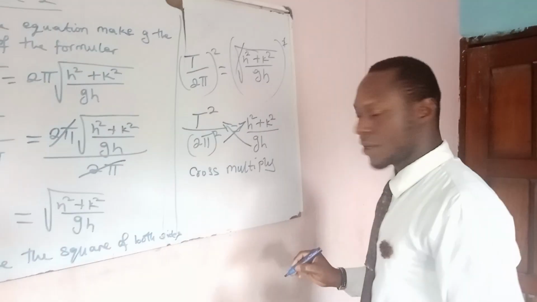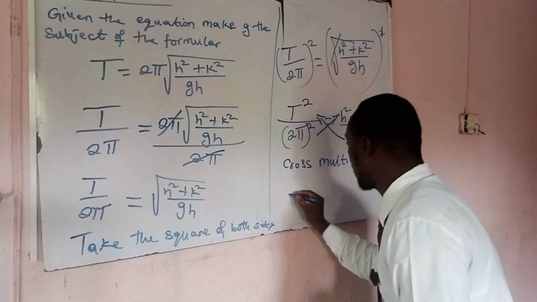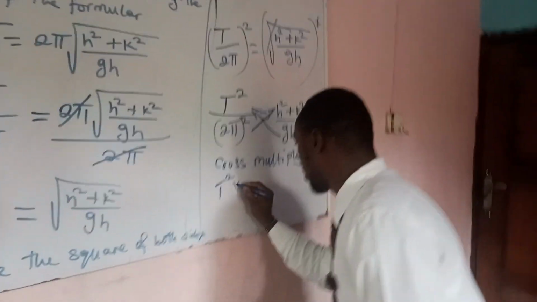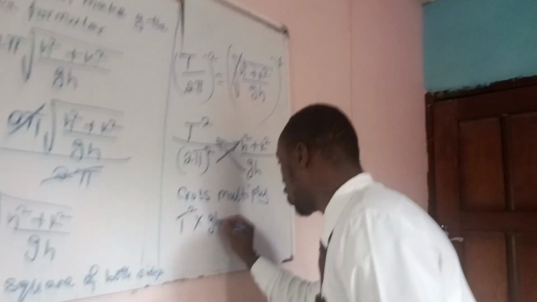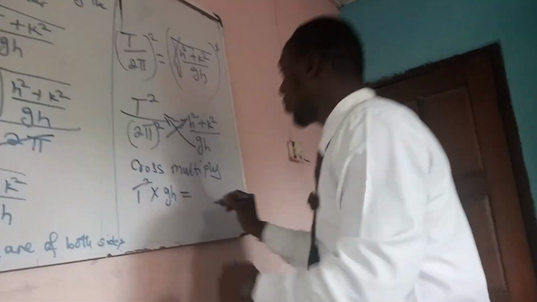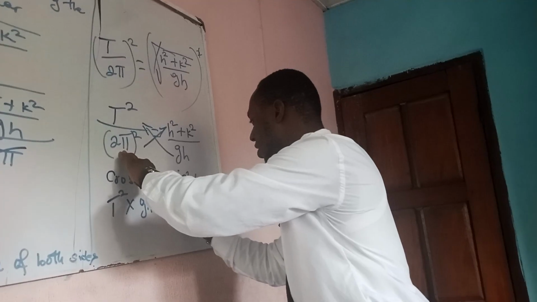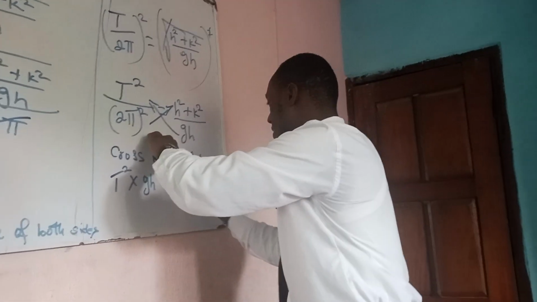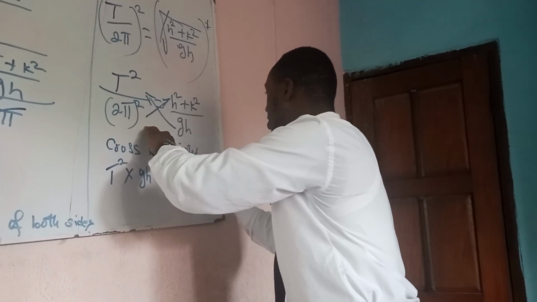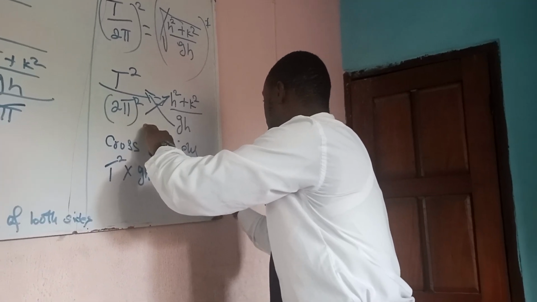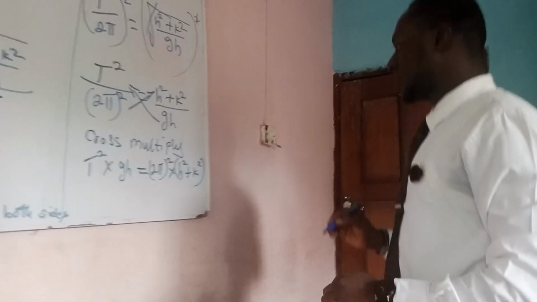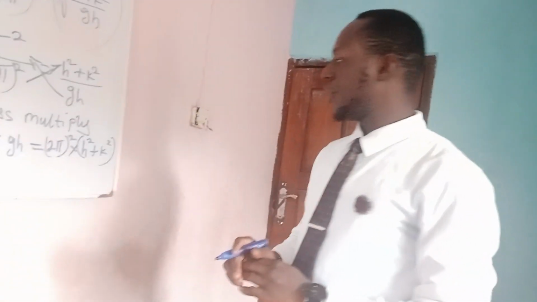Then we have t squared multiplied by gh equals 2 pi squared times h squared plus k squared. You can put it that way. Are we following? Yes, sir.